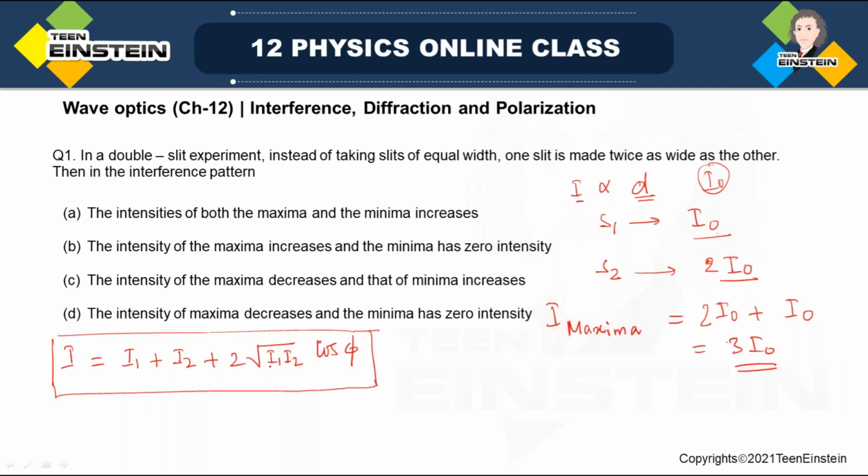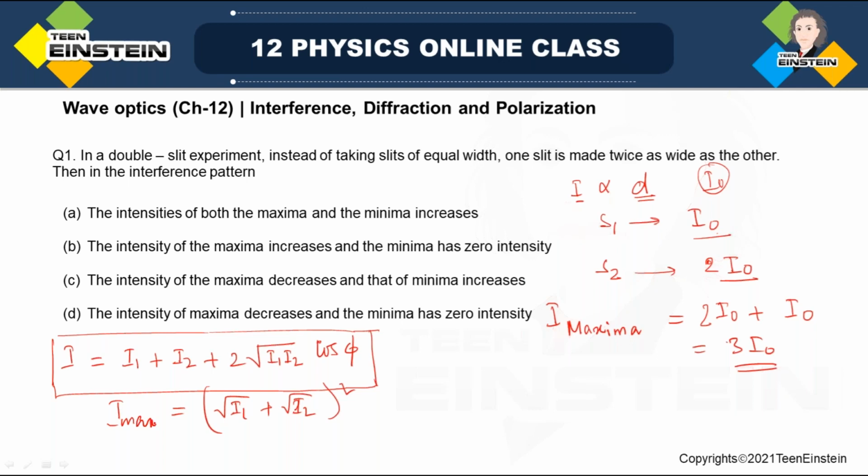Okay, so if phi is pi by 2, then the cos term will be 0, and this will be I1 plus I2. Constructive interference is when phi is 0, and you can think of it this way also: this will be root I1 plus root I2, whole square. This will be the maximum intensity.